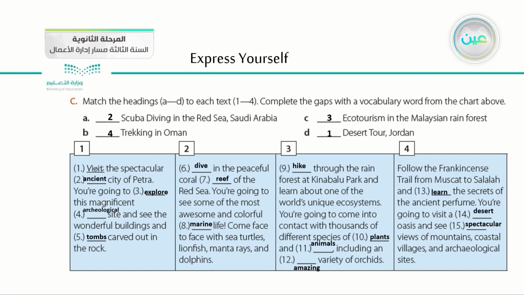You are going to explore this magnificent archaeological site and see the wonderful buildings and tombs carved out in the rock. Dive in the peaceful coral reef of the Red Sea. You are going to see some of the most awesome and colorful marine life. Come face to face with sea turtles, lionfish, manta rays, and dolphins.